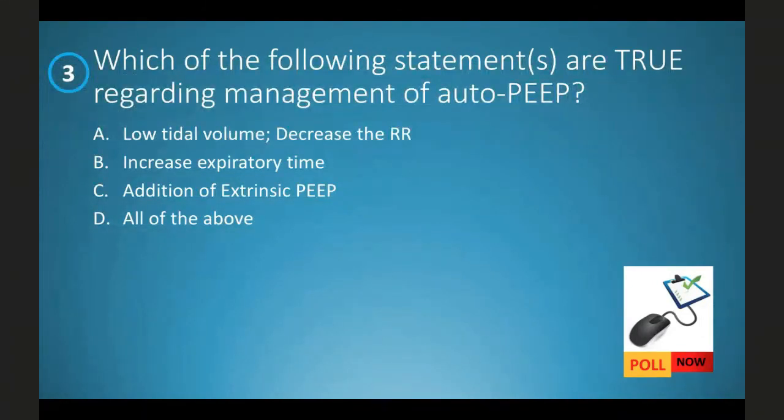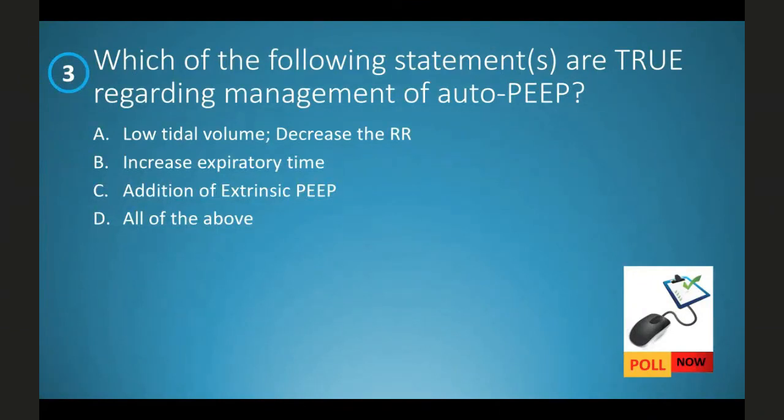To avoid missed breaths and increased work of breathing, you always add around 50 to 80% of the measured intrinsic PEEP as extrinsic PEEP. So I think option D, all of the above, should be the best statement among these.